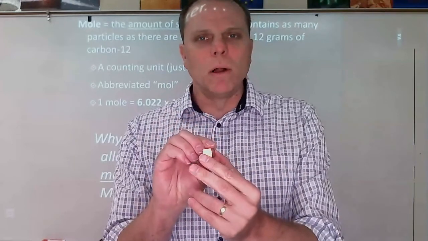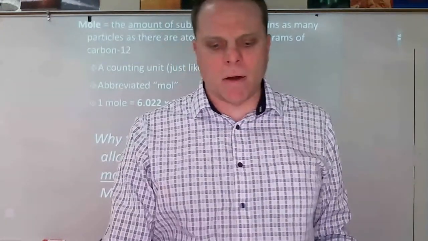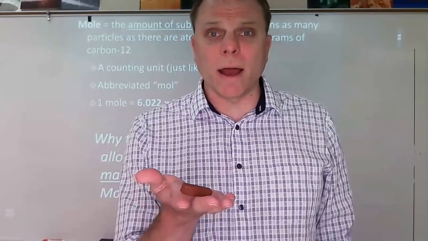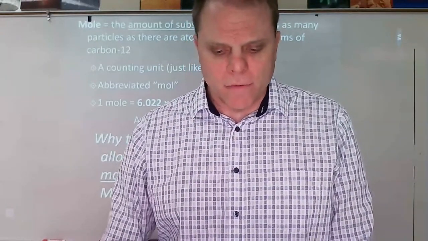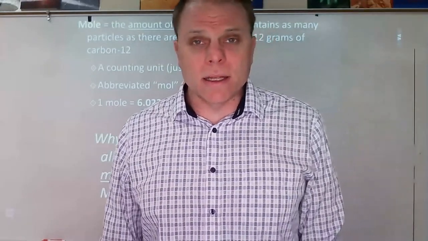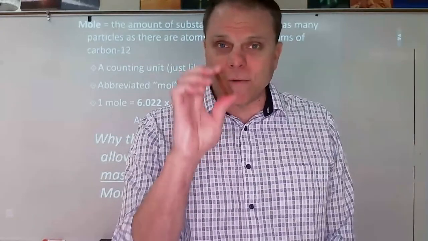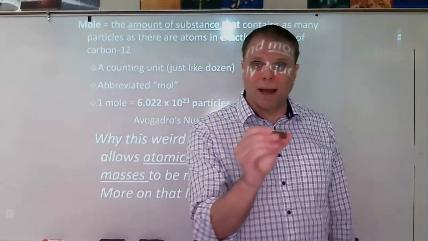This is what a mole of copper would be. Now, if you looked at the periodic table, you could tell me how much this weighs. How many grams does this weigh? Well, look at copper, number 29, and you're going to see the number underneath that is 65.39, which means that a mole of copper here weighs 65.39 grams.